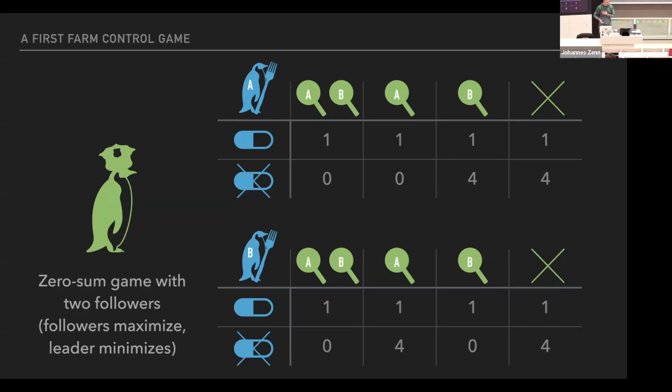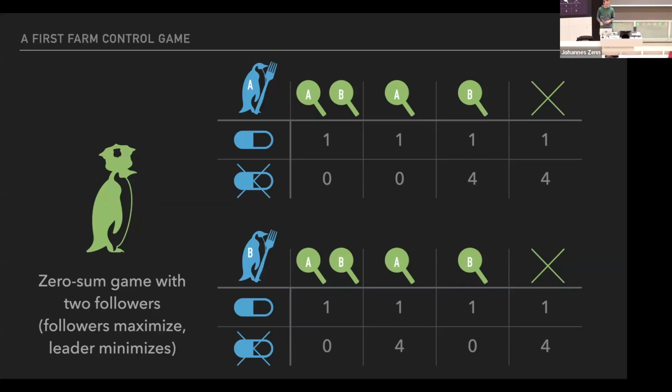The followers want to maximize, the leaders want to minimize. The leader commits to the full A-B strategy. That way, farmer A will best respond with giving the drug, and the same as well for B. It's not the case if it just goes to A or B.